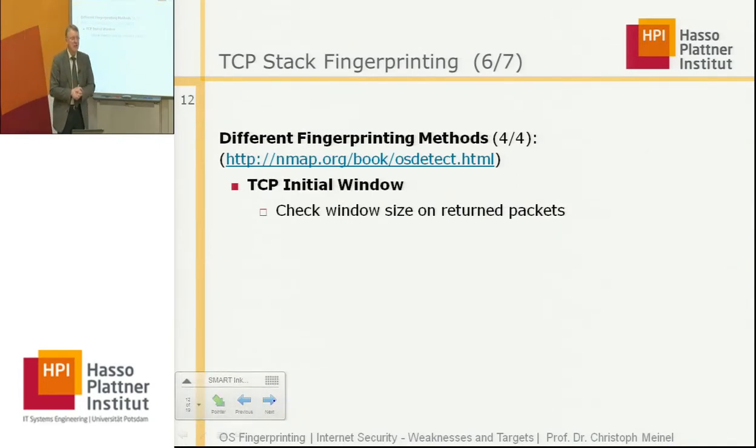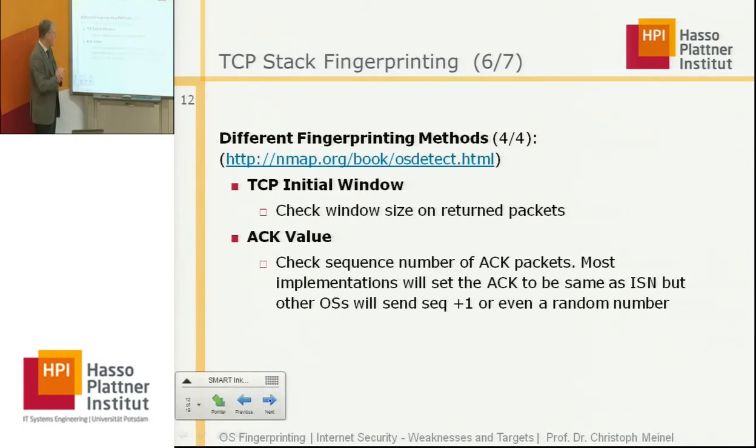To mention some more of the TCP stack fingerprinting methods. The TCP initial window: check the window size on the return packets. Here are different reactions of the different implementations for the different operating systems. The acknowledgement value: one can check the sequence number of the acknowledgement packet.